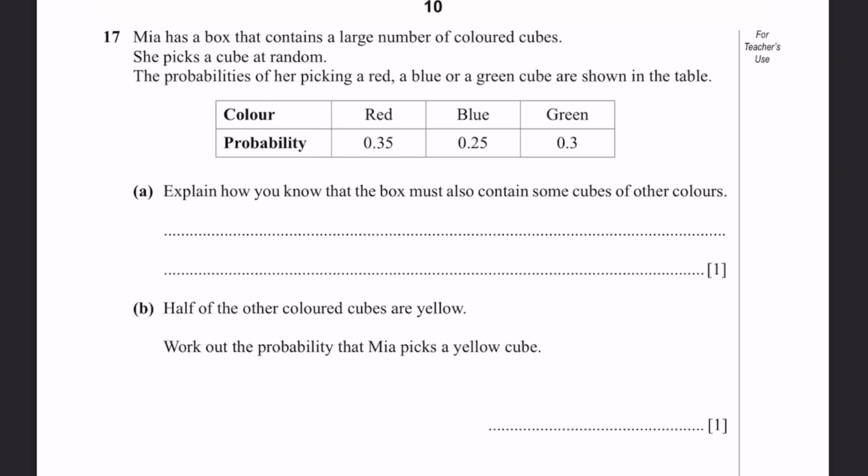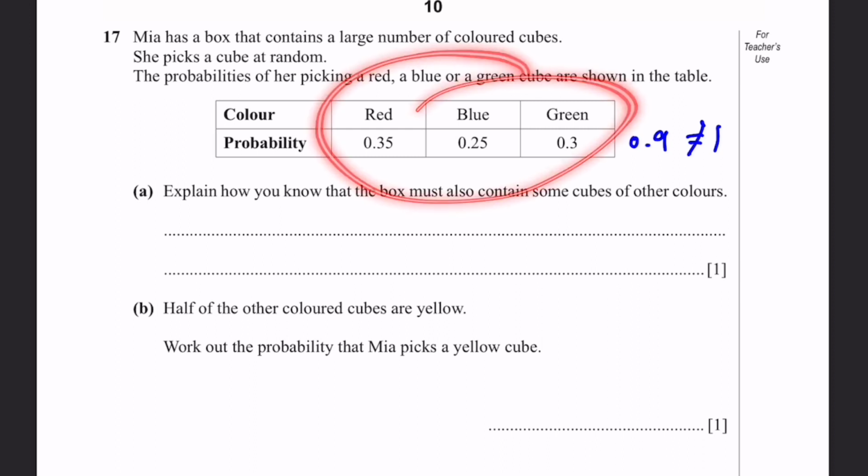Let's add up the probabilities. So 0.35 plus 0.25 is equal to 0.6. Add 0.3, it's 0.9. But then that's not equal to 1. And for everything to be completed, it needs to be equal to 1, because probabilities always add to 1. And therefore, there are some other colors as well.